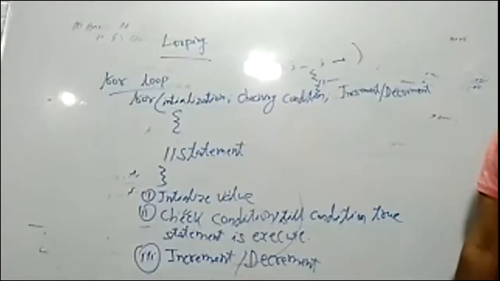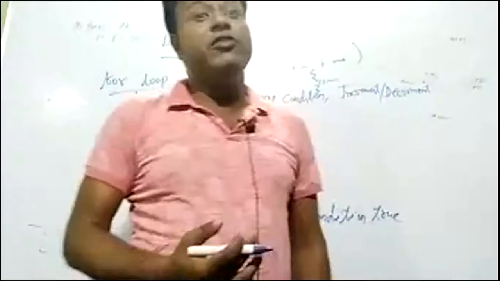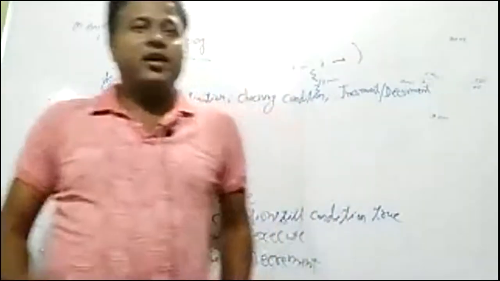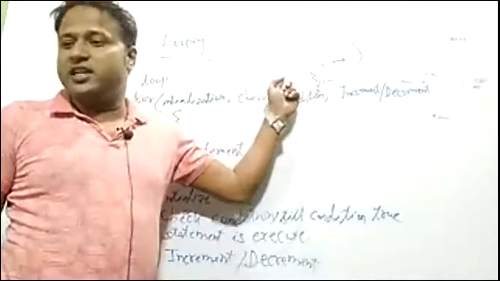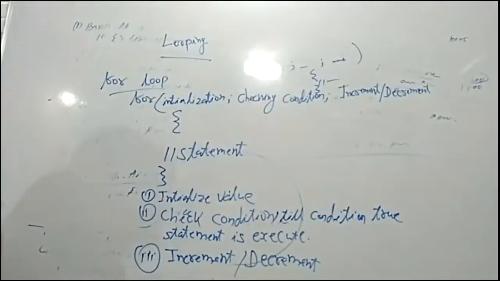Will it give you the output or not? It will, means your looping is executed an infinite number of times. Okay, अगर आप यहां पर कोई इनिशियलाइजेशन नहीं करते हो, initialization, checking condition and increment and decrement, if you are not passing anything.